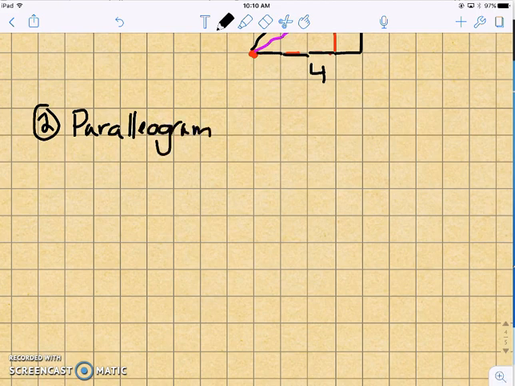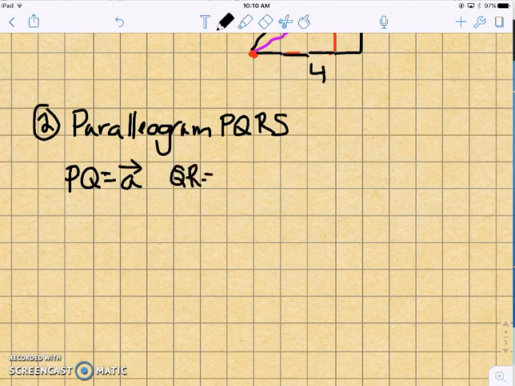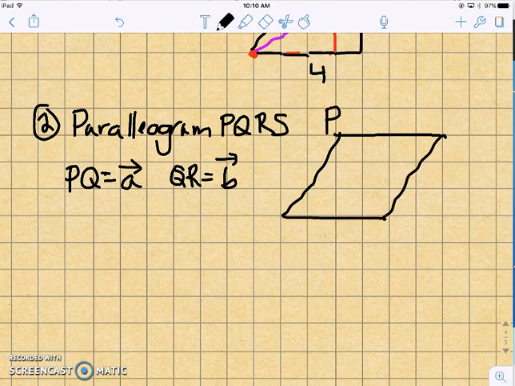And we have parallelogram PQRS, and PQ equals vector A, and QR equals vector B. So in terms of this parallelogram, we have P, Q, R, and S. So our vector is traveling this direction, and we know that this is vector A and this is vector B.